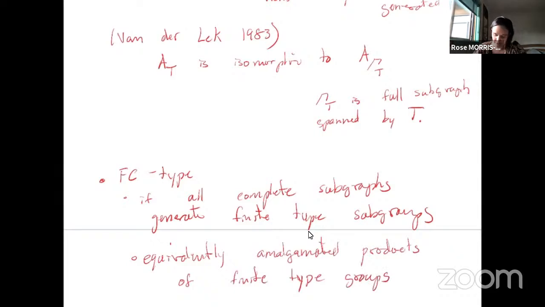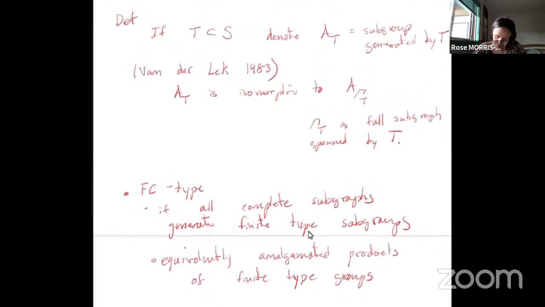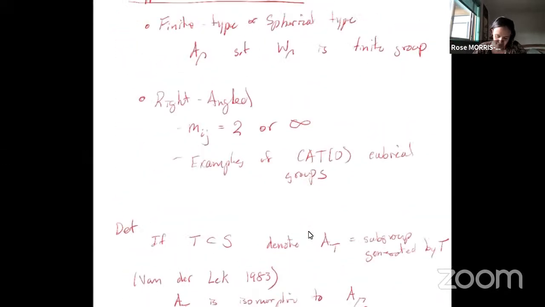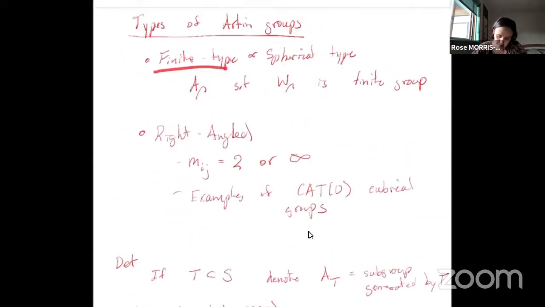So in terms of the history, when people first started studying Artin groups, they very much first started looking at these finite type ones. Maybe I have some references I should put in here for you.